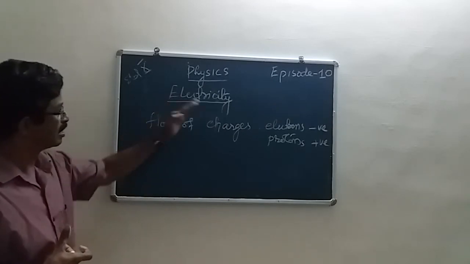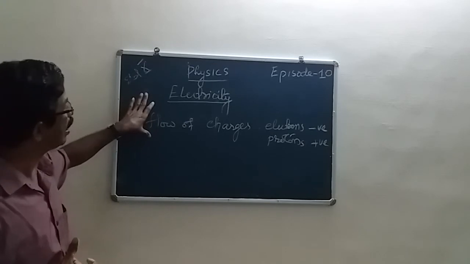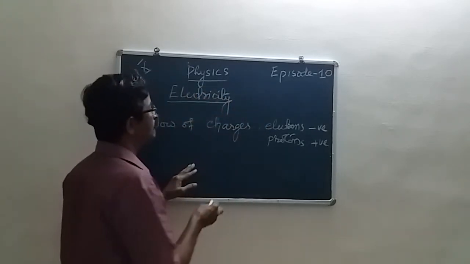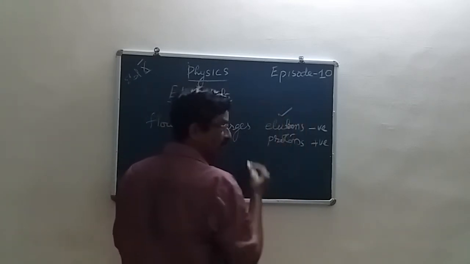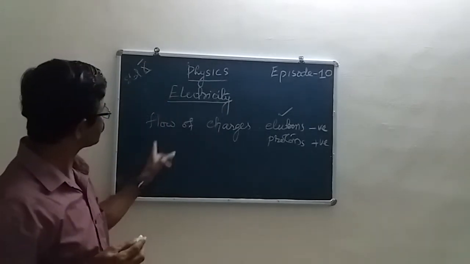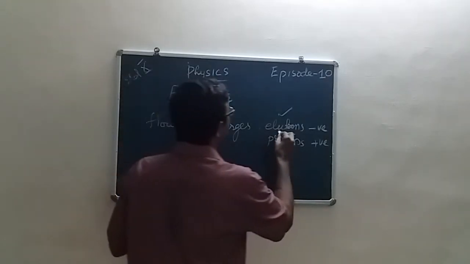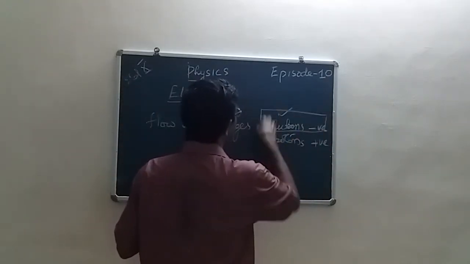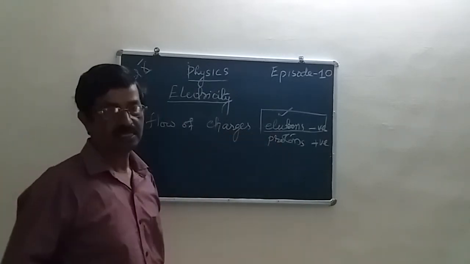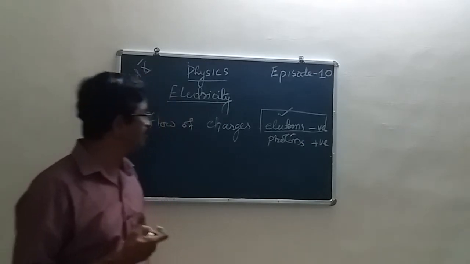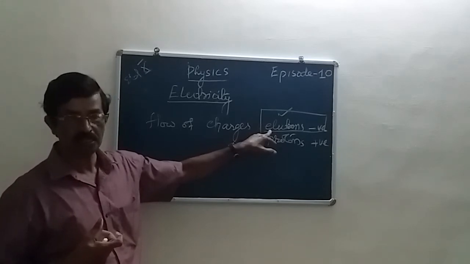But when we discuss why the direction of electric current is taken opposite to the flow of electrons, when electric charge was discovered, at that time the particles electrons were not known.